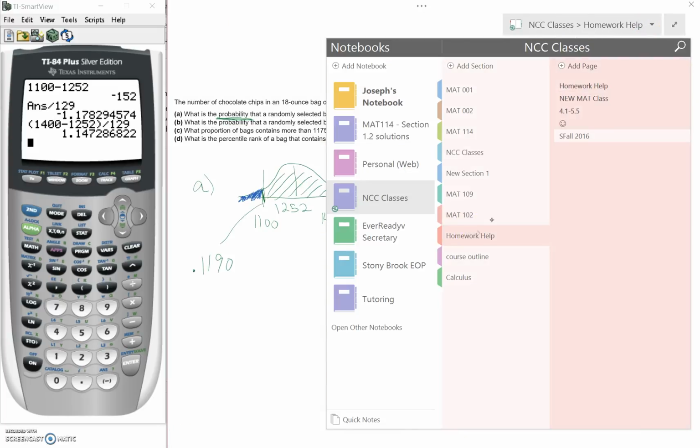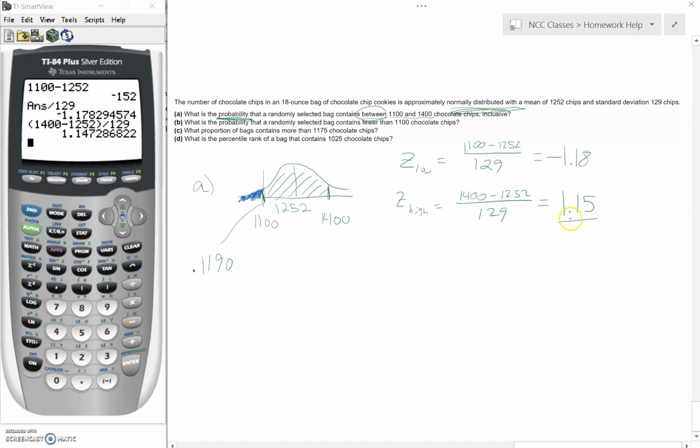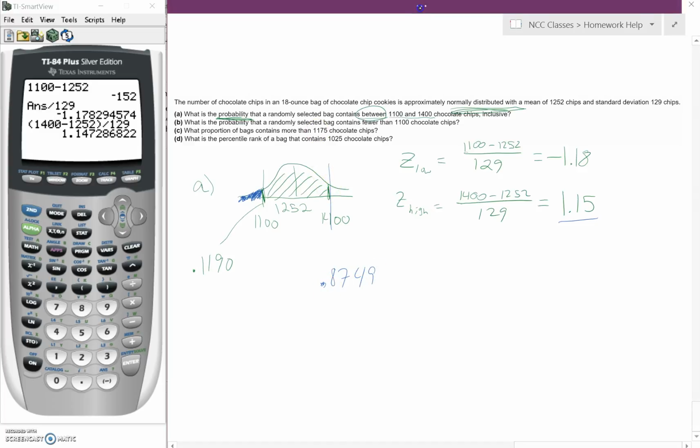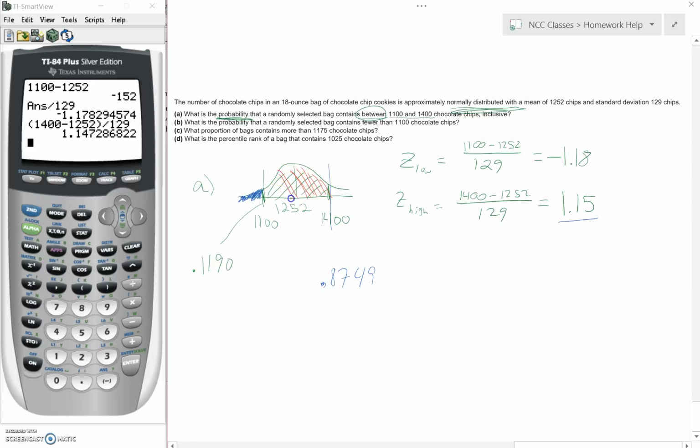Let's go back. So the area to the left of this is 0.8749, which we'll call the red region. This red region includes all of this value over here.